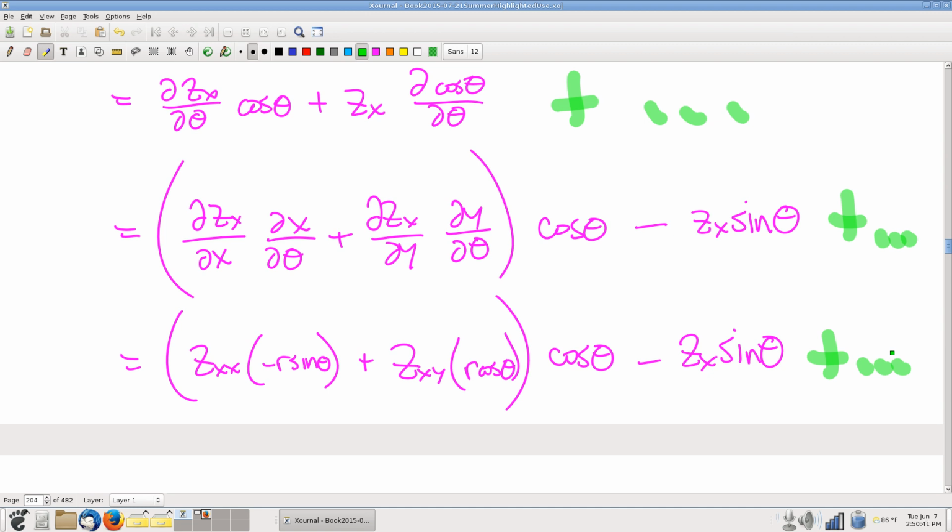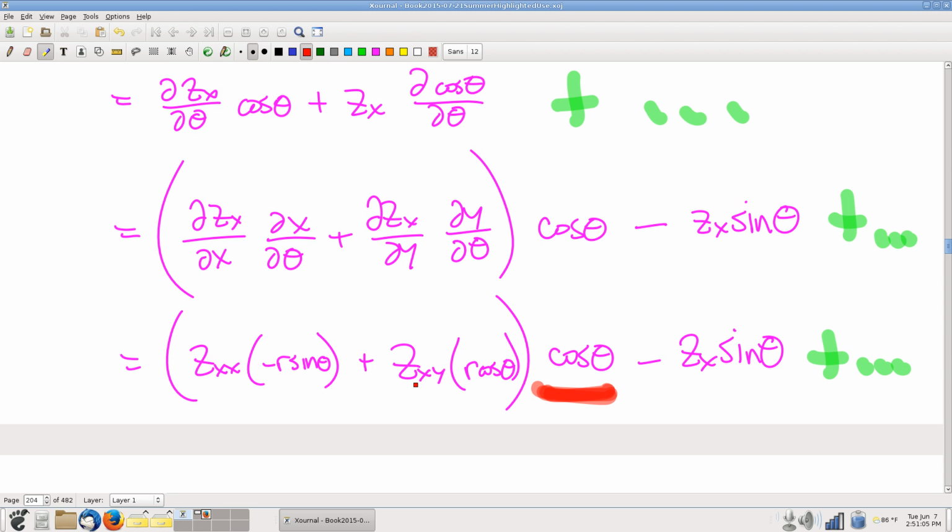You can distribute this cosine here, so you have zxx, r sine theta, cosine theta, and then zxy, r cosine squared theta. And then I could have, for example, the other part, the zyx with the zxy. I can't do it in my head, but there's going to be other terms.